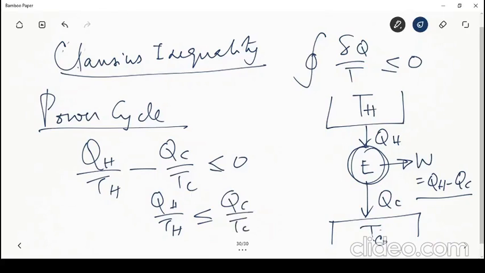Or the other way around, we can take the temperature to one side and heat to the other side. Then you will get QC by QH is greater than or equal to TC by TH.